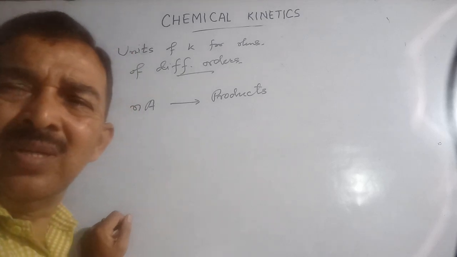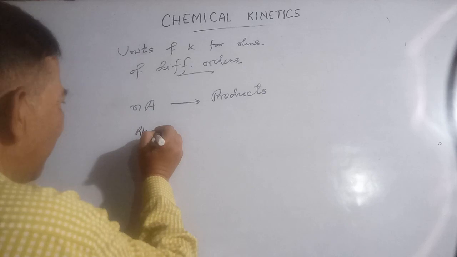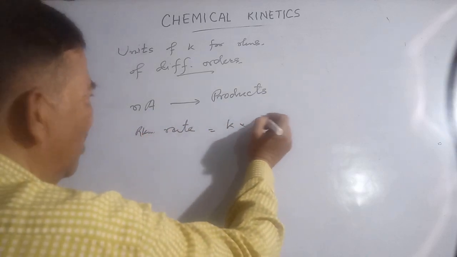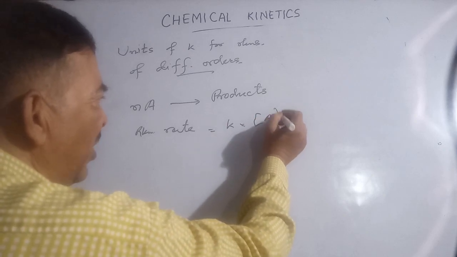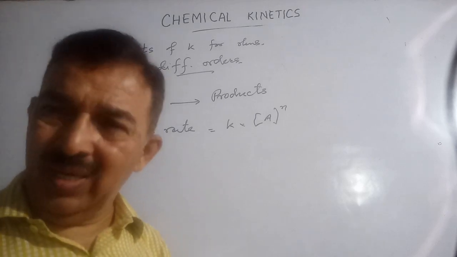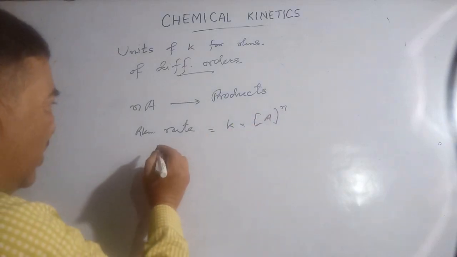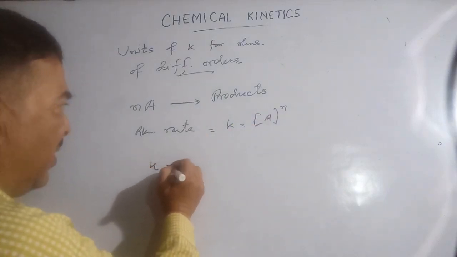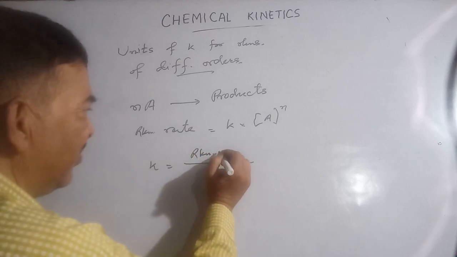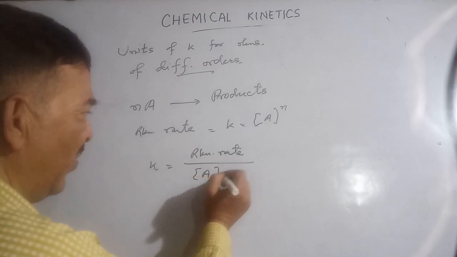As per the rate law, the reaction rate is equal to K into molar concentration of A to the power n, where n is the order of the reaction. Now, K is equal to the reaction rate divided by molar concentration of A to the power n.